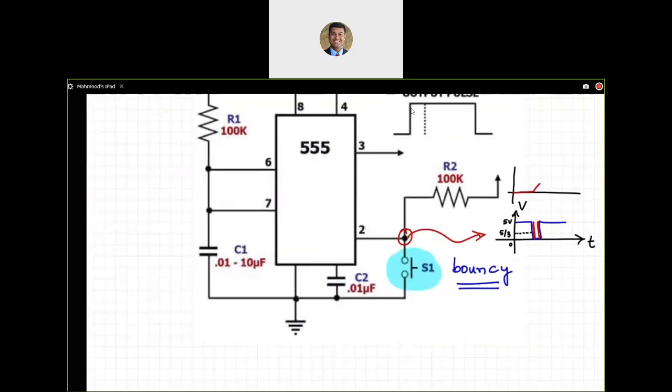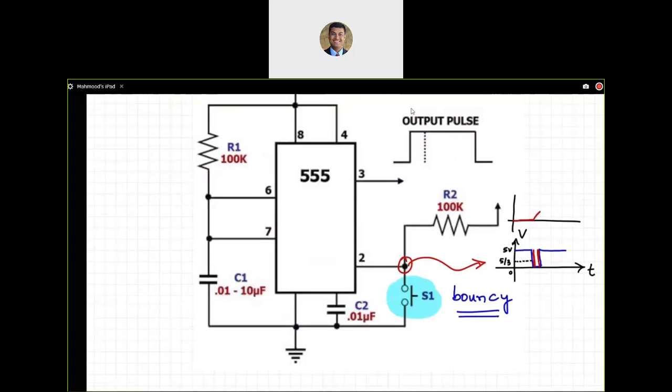The capacitor, in this case C1, is connected to pin 7, which is the discharge pin, and is also connected to pin 6, which is the threshold comparator input. The threshold is being compared to 2/3 VCC, and over here it's 1/3 VCC.